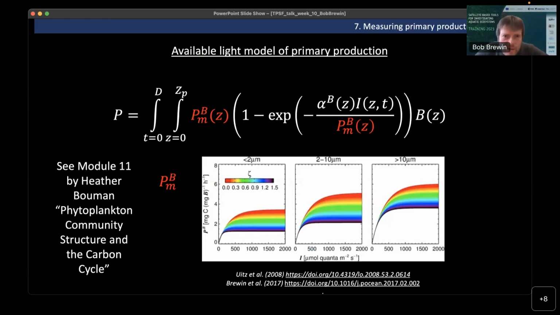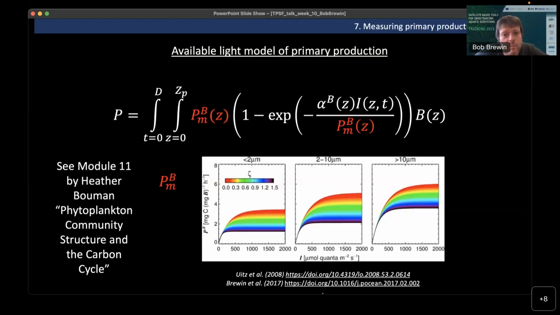Now, another technique is thinking about phytoplankton community structure. Next week, I believe Heather Bowman will be talking about that in module 11. But what we typically see is that different communities of phytoplankton in the ocean photosynthesize at different rates.